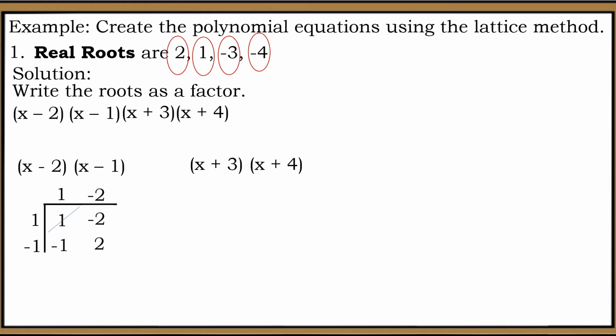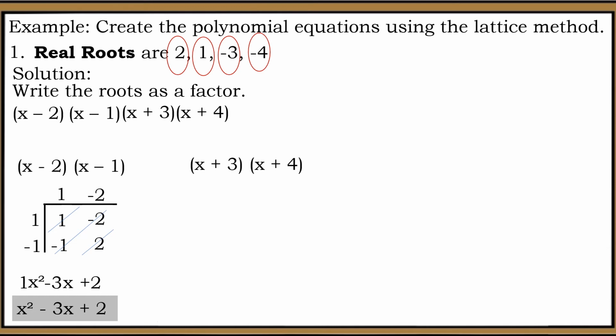So, walang kakombine yung 1, so isulat yung 1. Combine -2 and -1, we have -3. Then, 2. Sulat na lang natin yung 2. So, 2 is the constant term. -3 is the numerical coefficient of x. And 1 is the numerical coefficient of x squared. So, if you multiply x minus 2 by x minus 1, the polynomial equation is x squared minus 3x plus 2.